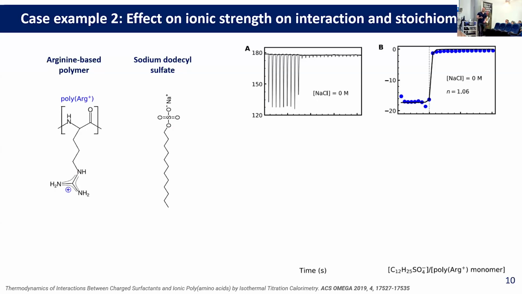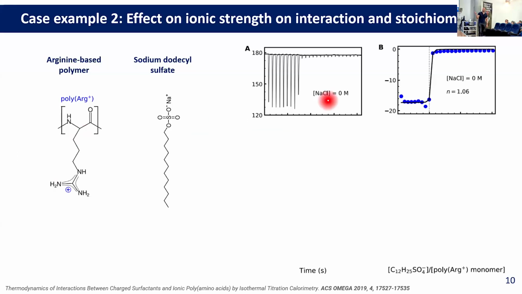Another application of ITC, for example, is that we can discern how the ionic strength of a solution may impact the stoichiometry of our system. For example, in this case, these researchers wanted to see what was the stoichiometry between an anionic surfactant and their arginine-based polymer.